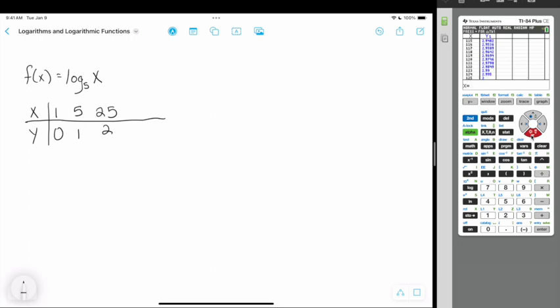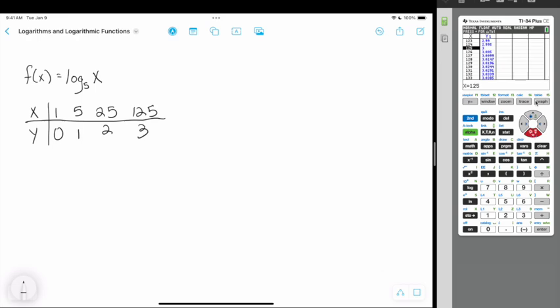So I would have to go way, way down to find my next whole number point, 125, and 3. So what this tells us about our graph is that much like our exponential function, this graph is going to change very, very rapidly. It's going to be a very rapid change with this graph.